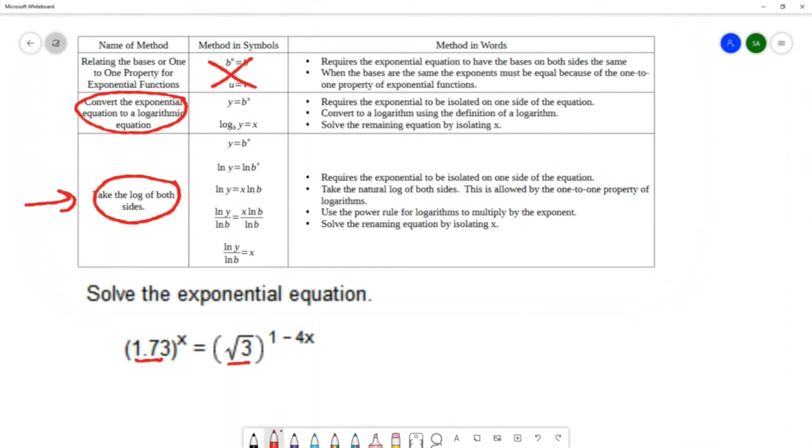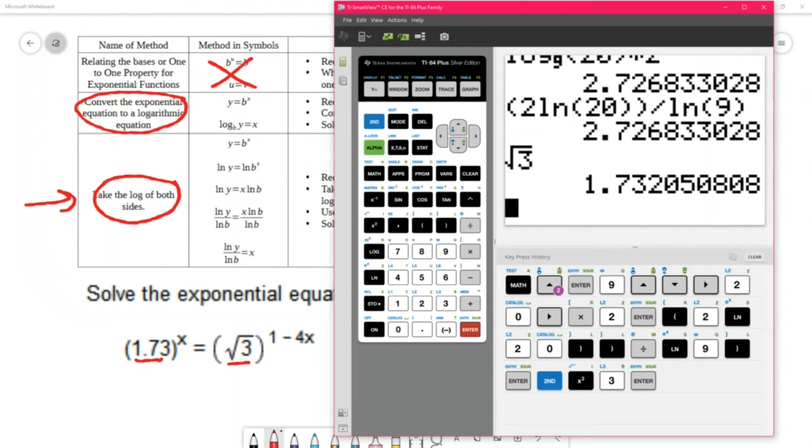On the home screen of the calculator, I have a button for natural log. With that method, you don't have to use natural log. You could also use log base 10 or honestly any base you want. But I always use natural log because that button is on the home screen of my calculator.